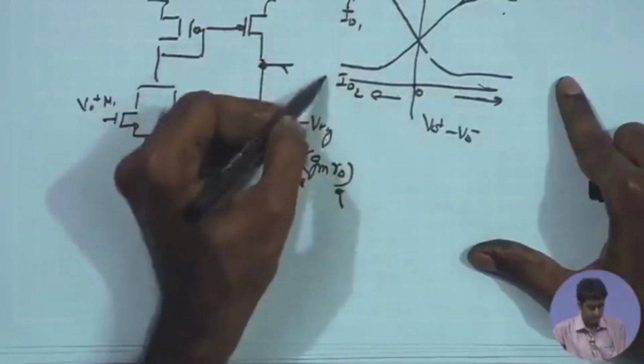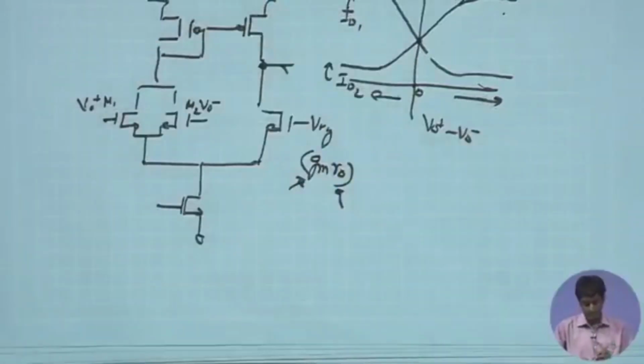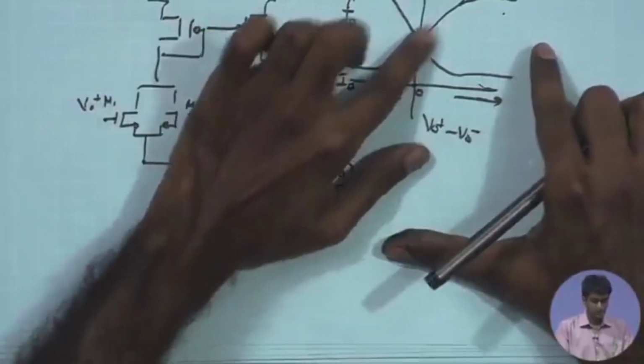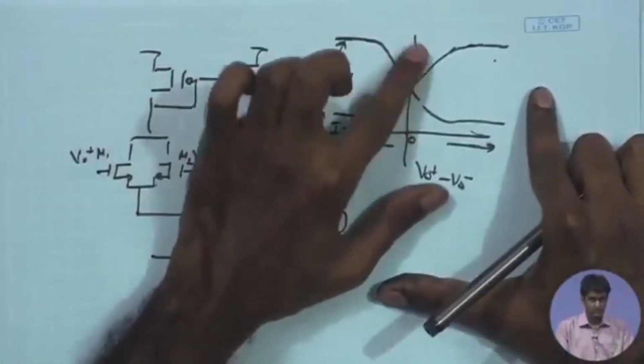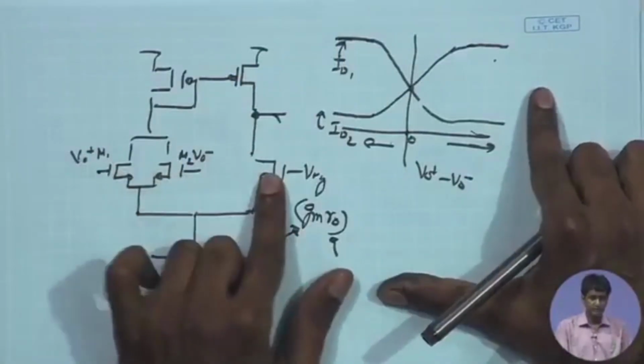So this is your ID1 curve and this is your ID2 curve. The slope in this transition region is determined by the small signal transconductance of these two devices, which is also related to the transconductance here.